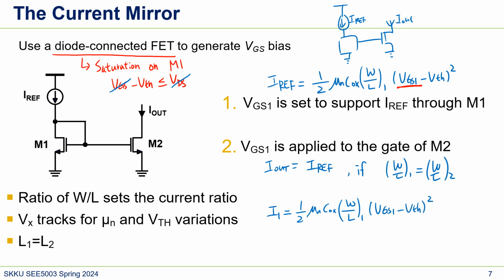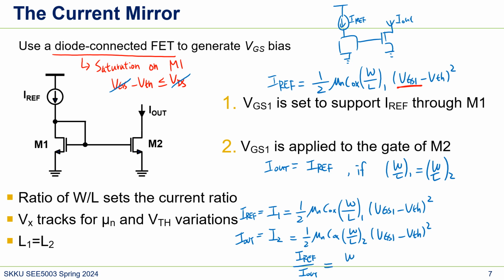How about I2, which is I out, in this case, which is I ref. So I2 will be the same, mu n Cox, but in this case it will be W/L2, and this is the same since they have the same gate voltage. So if we just divide it, then it will be W/L1 over W/L2.